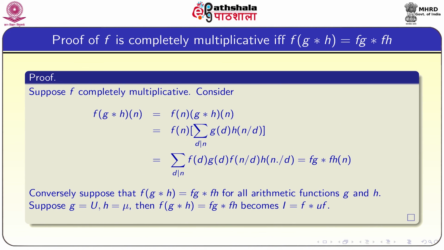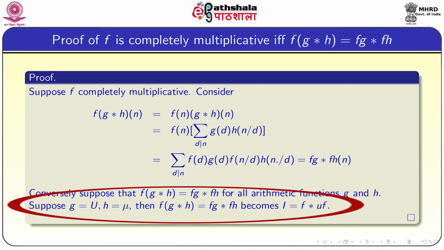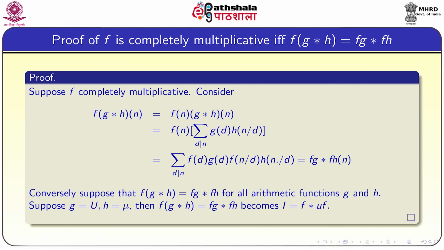Since it is true for all g and h, all arithmetic functions, if I take g equal to mu and h equal to mu, then it is easy to see that f into g star h equal to f g star f h becomes I equal to f star mu f. And f star mu f equal to I, then by the previous result, f is completely multiplicative. Hence, we proved this result as well.